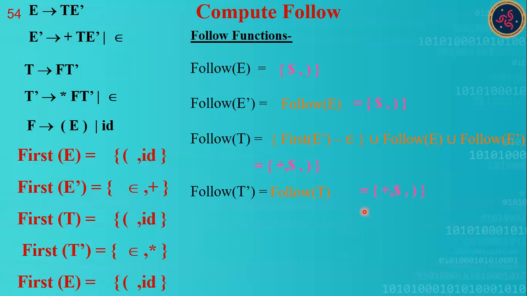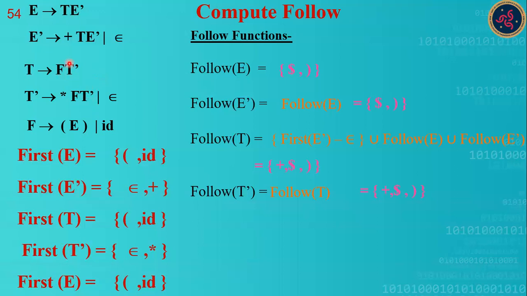Again, our last non-terminal is follow of F. So consider the right hand side of the productions where F is situated. Again F is in the third and the fourth production. What is the variable that comes after F? Here T prime.